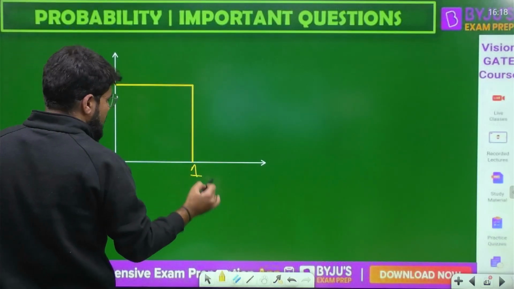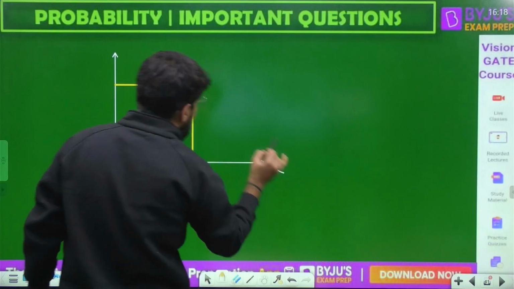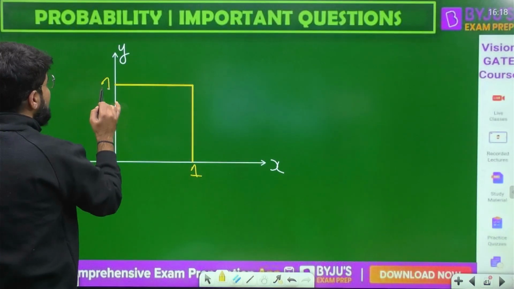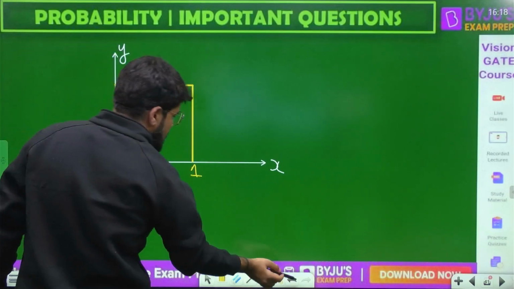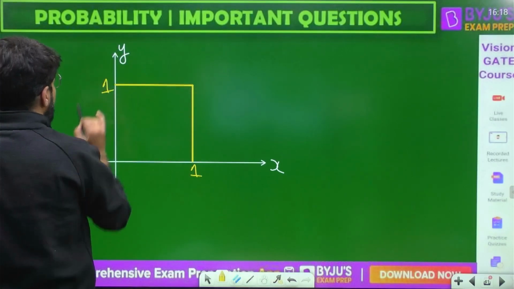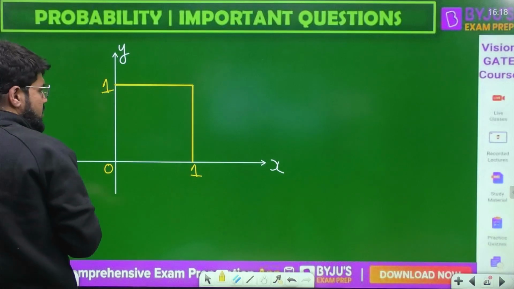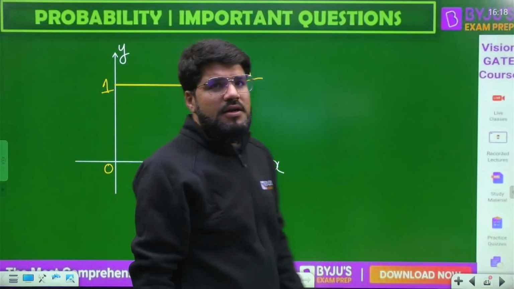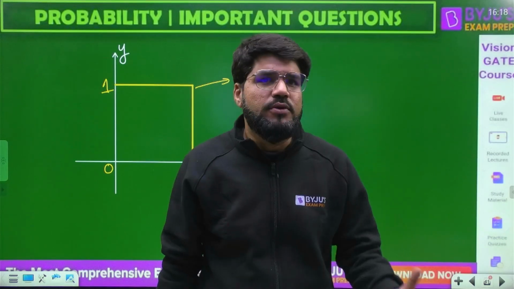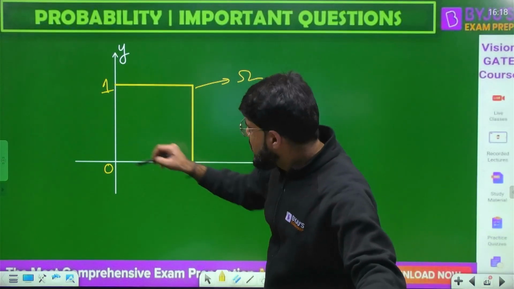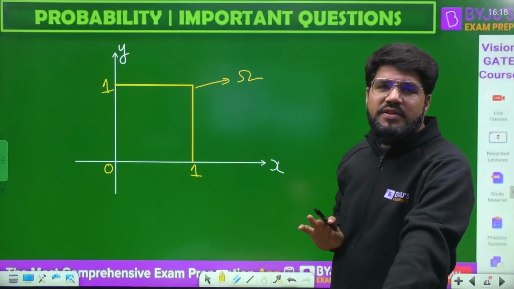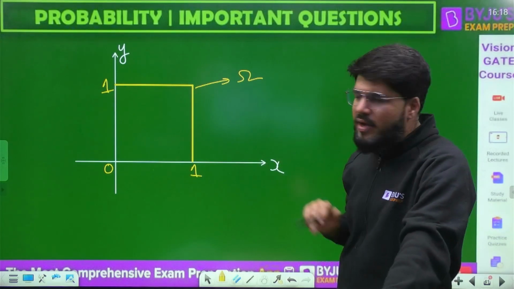Suppose this is 1, these are the values of x, these are the values of y, and this is the origin. This constitutes my sample space, the set of all values. All the values of x and y will be within this unit square.